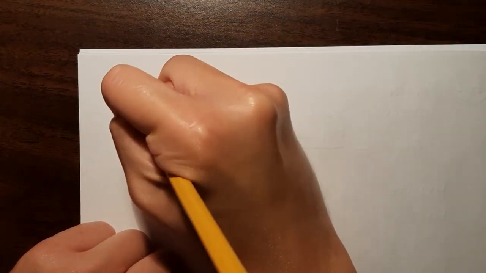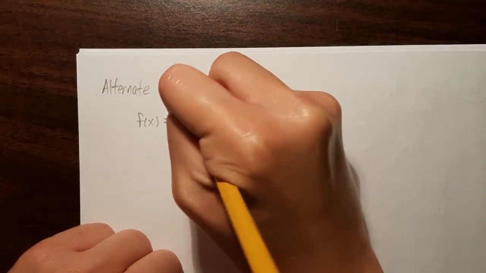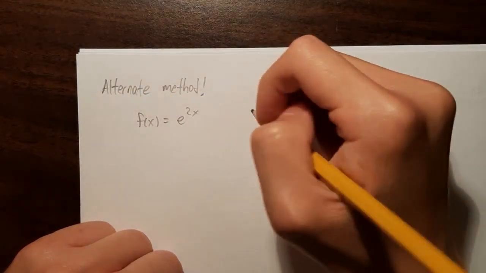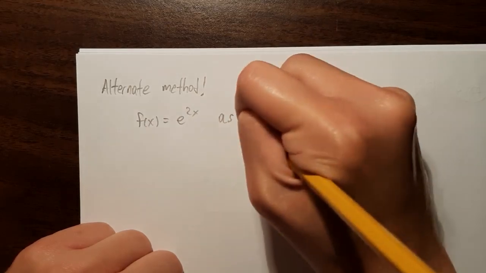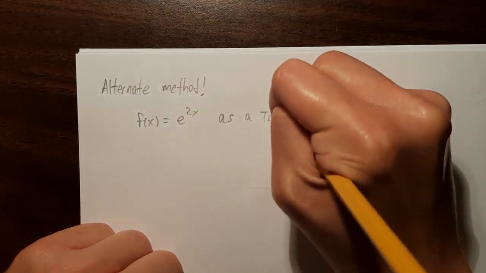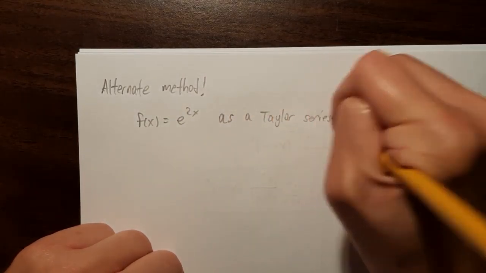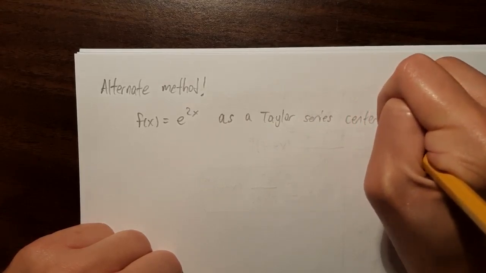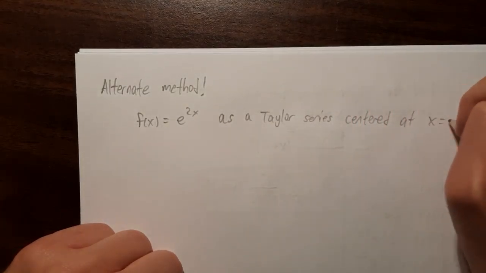All right, so again, reminder. The task is to find a way to write e to the 2x as a Taylor series centered at x equals -4.